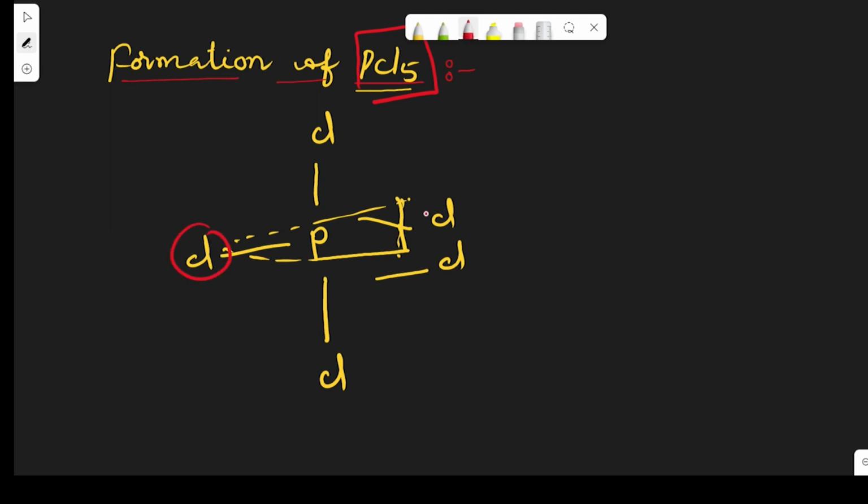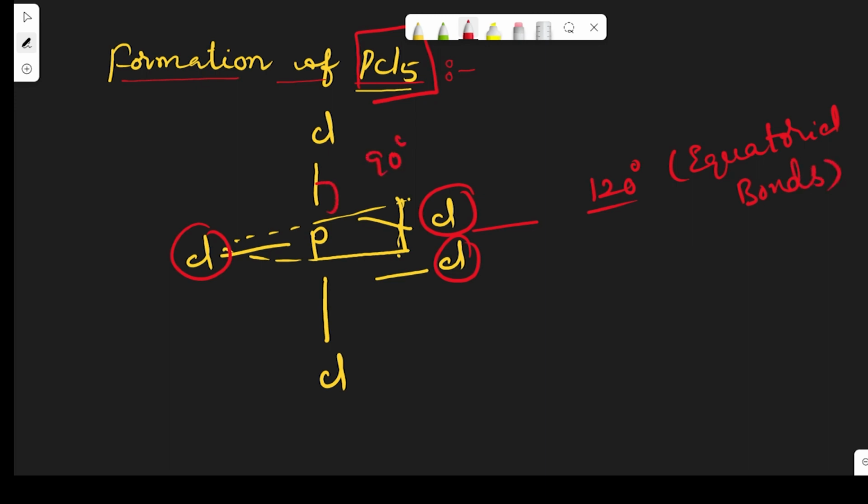These 3 chlorine atoms are in one plane, making an angle of 120 degree, and are called equatorial bonds. The remaining 2 make an angle of 90 degree and are called axial bonds, presented above and below the plane.